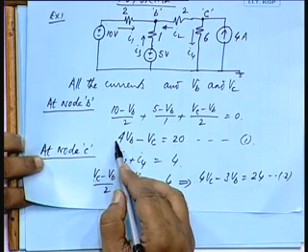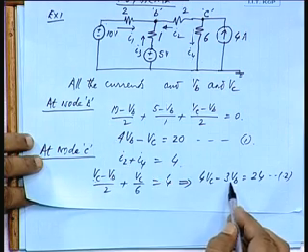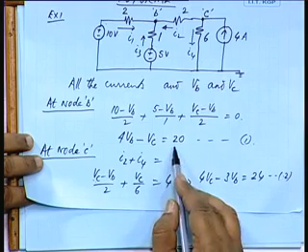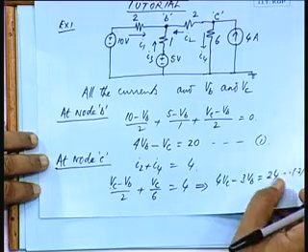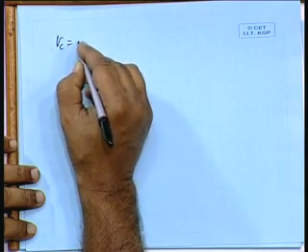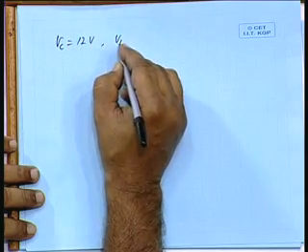So, 4 into 4, 16 minus 3, and 4 into 20 plus 24. So, after doing that, 104 divided by 13, that gives me 8. V C is equal to 12 and V B is equal to 8.